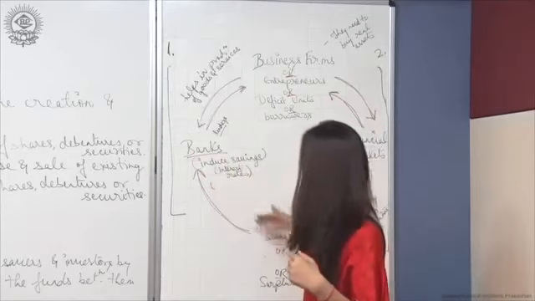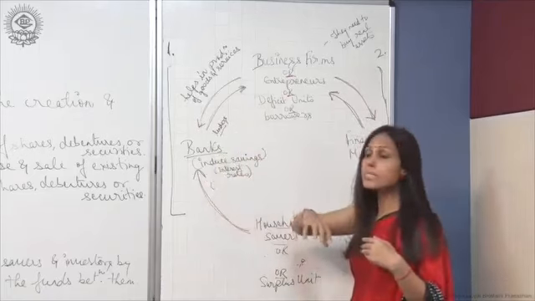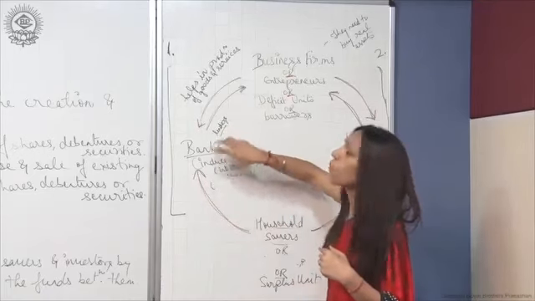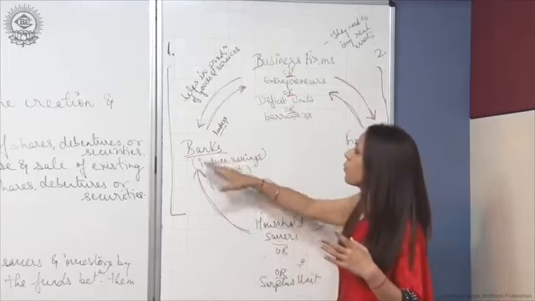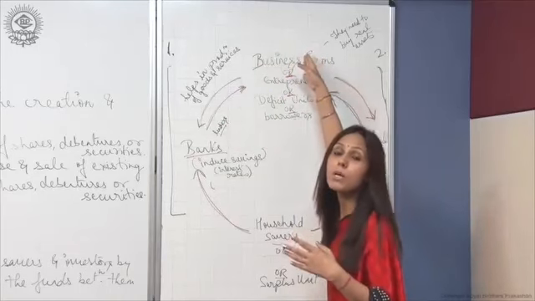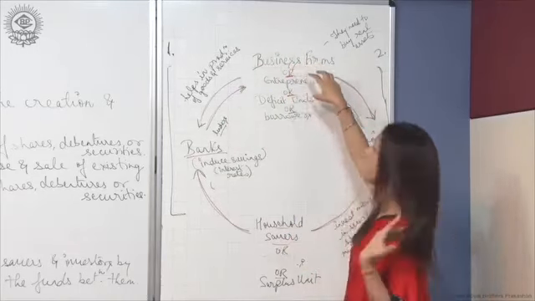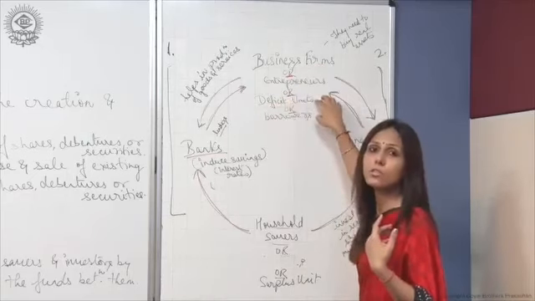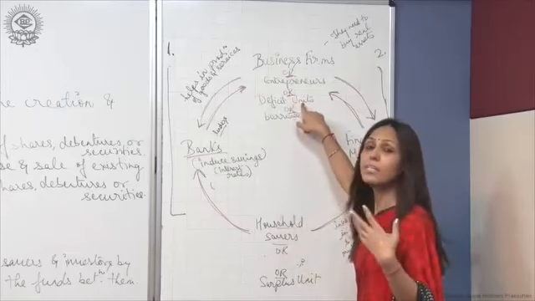So they save money in banks, and what does the bank do? Banks provide the money they receive from these household savers to the business firms, because these business firms need more money, and that's why they are called the deficit unit.